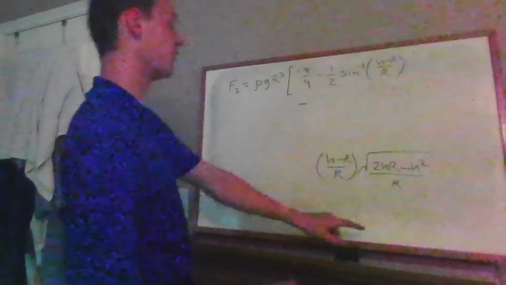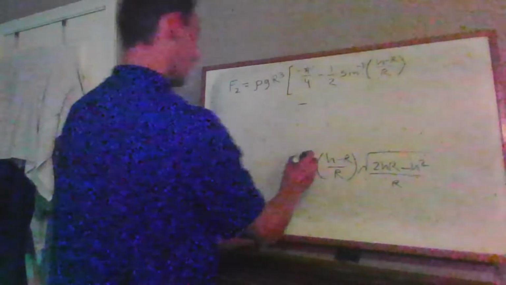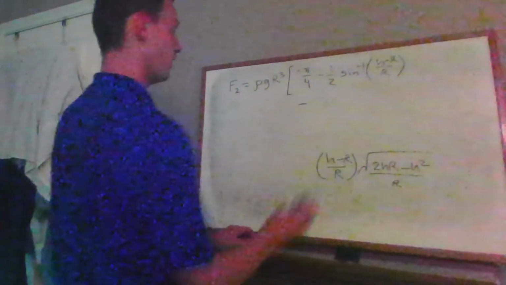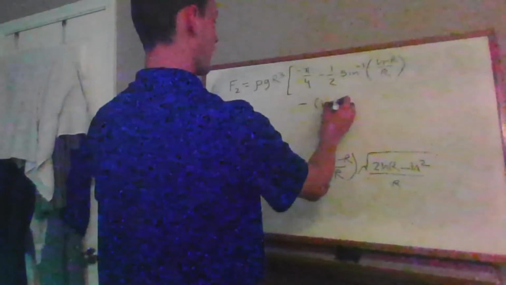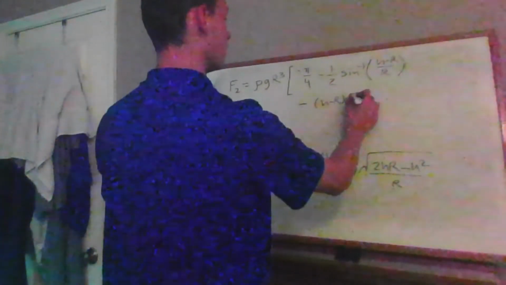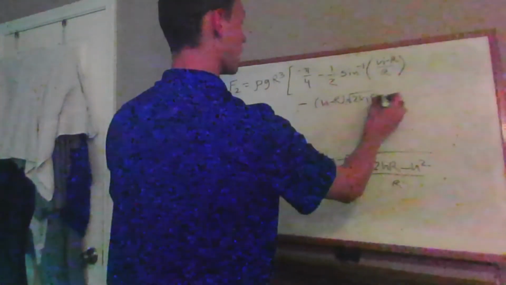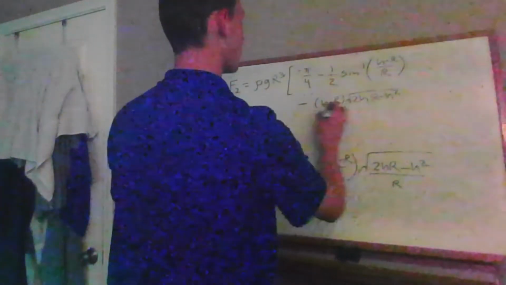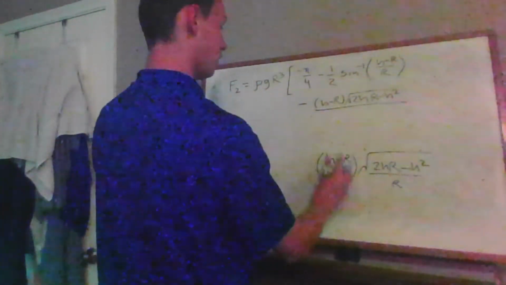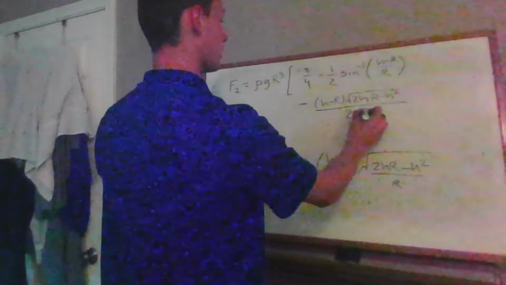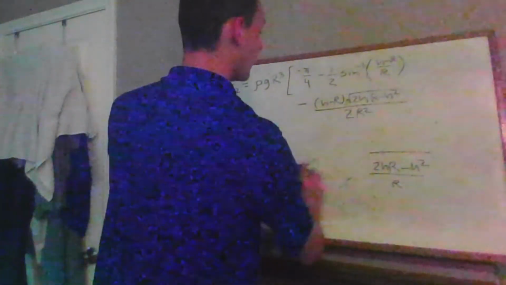So this is cosine theta 1, this is sine theta 1, then we would have our 1/2. So this part would actually be (h minus r) radical (2hr minus h squared) under that radical all over 2 r squared. Okay, one last term.